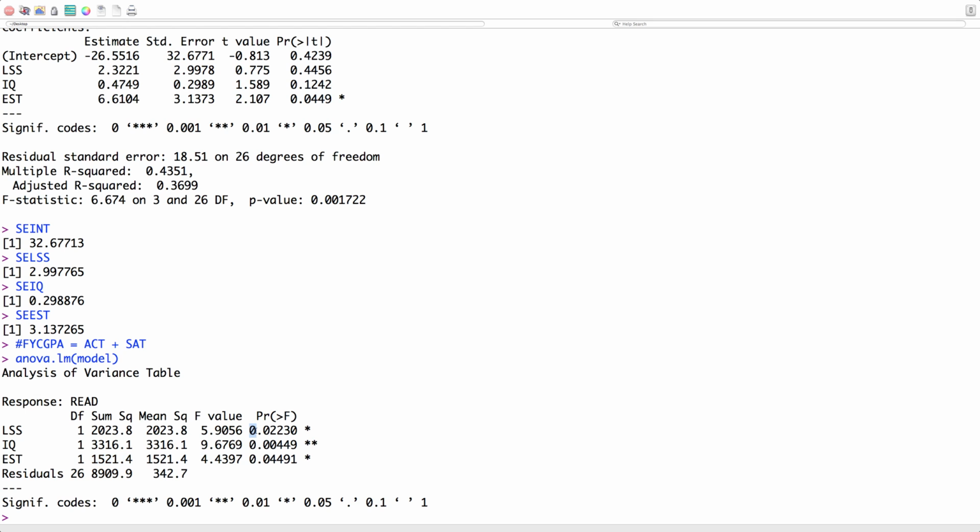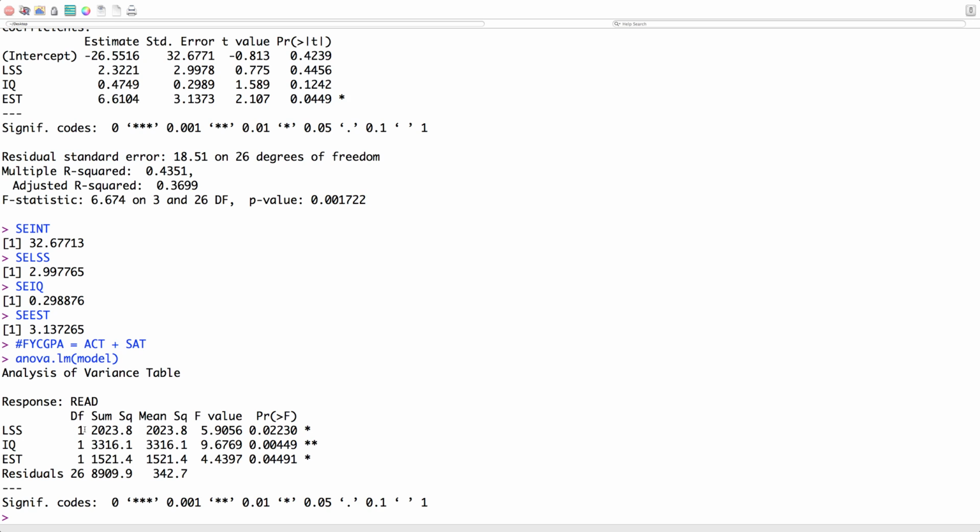And when you look at the p-values, you're going to see statistical significance, statistical significance, statistical significance. Yet up here, you're going to see not statistically significant, not statistically significant, and statistical significance.